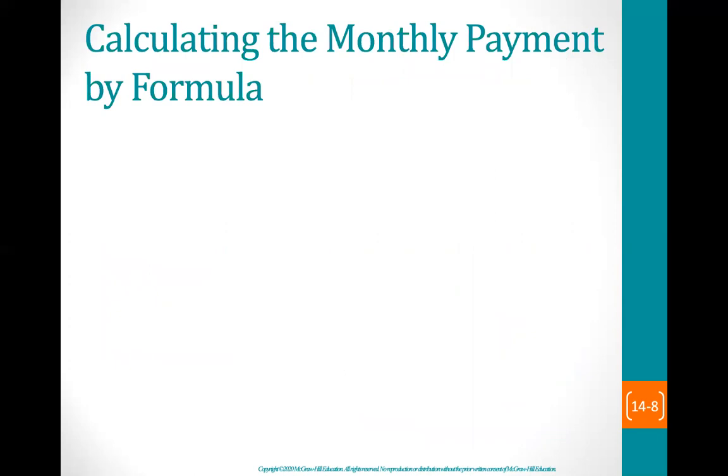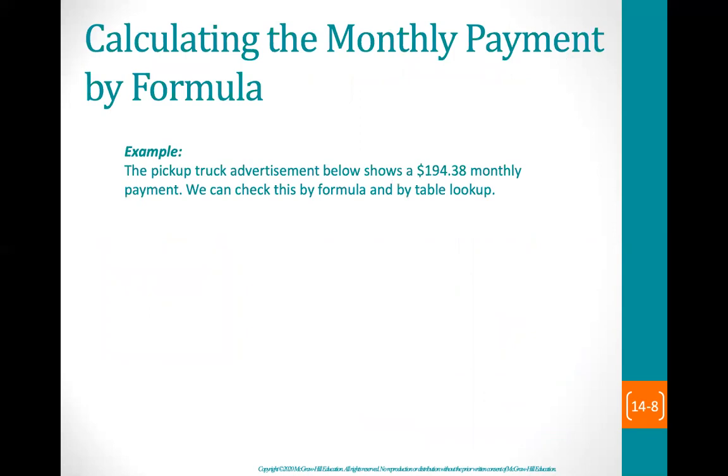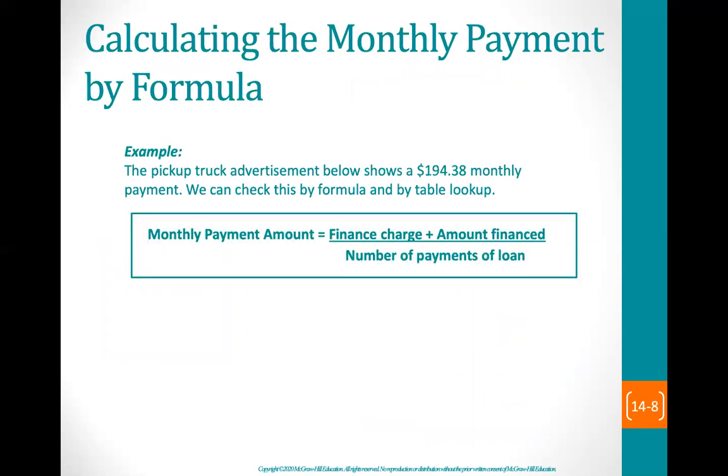So we are within 1/4 of 1%. The pickup truck advertisement showed a monthly payment of $194.38. We can check this by formula and by table lookup. The monthly payment amount is calculated as the finance charge plus the amount financed divided by the number of payments on the loan.